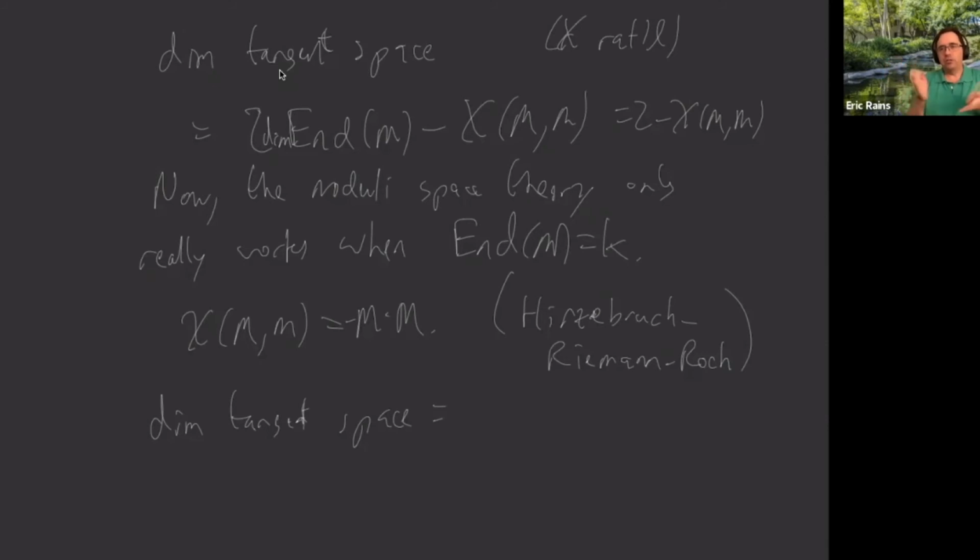The structure sheaf of X, for instance, has Euler characteristic 1 because it has no higher cohomology. So the dimension of the tangent space is 2 plus the self-intersection of M.